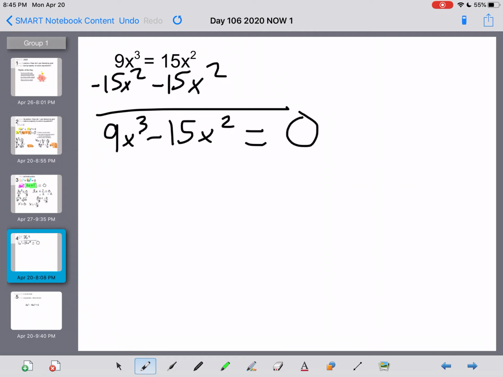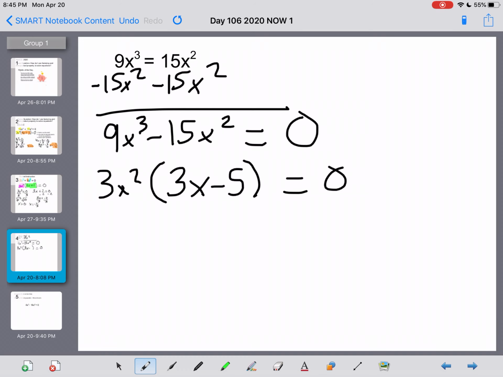Remember, greatest common factor, we're going to factor it out. And that greatest common factor here is 3x squared. If we factor out 3x squared, that's 3x on the inside, minus 5.